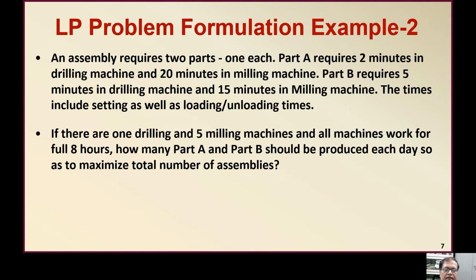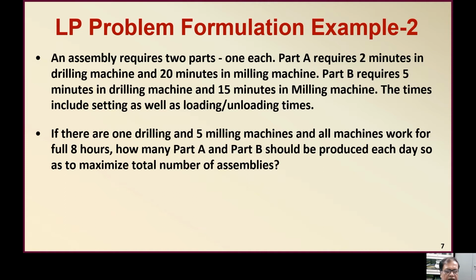So what is happening in this particular problem? The assembly requires two parts, part A and part B. Part A requires work on the drilling machine as well as the milling machine. Part B also requires work on the drilling machine and milling machine. So what is it that we want here?